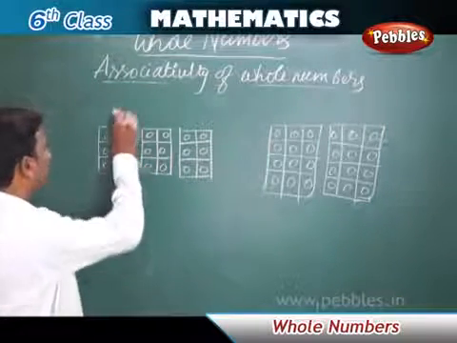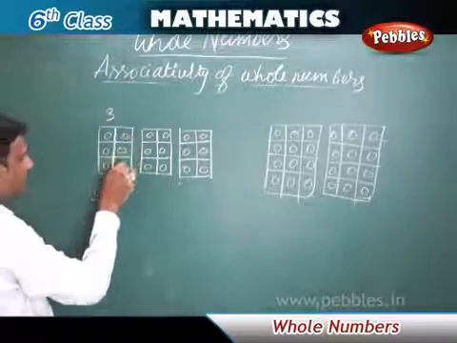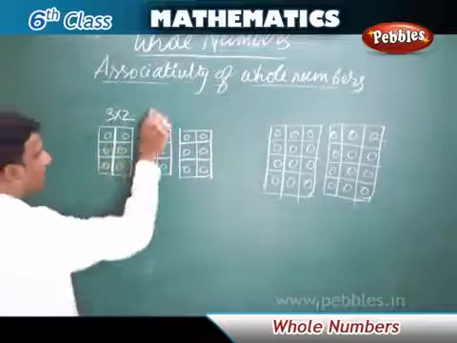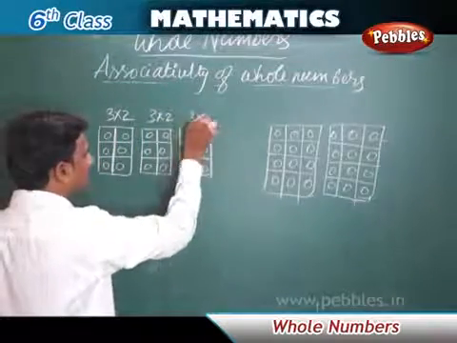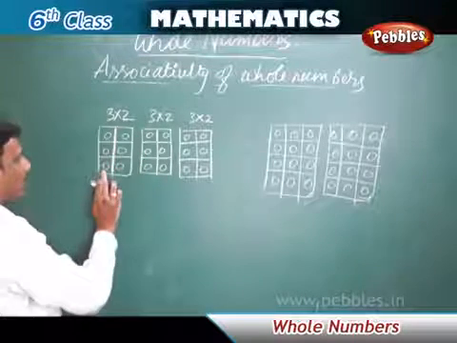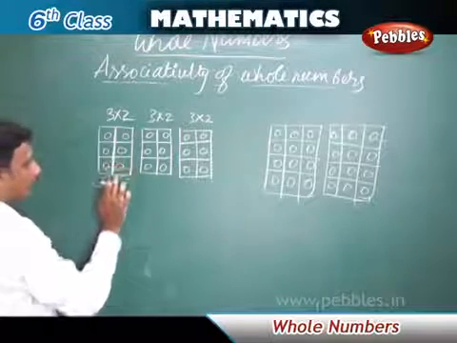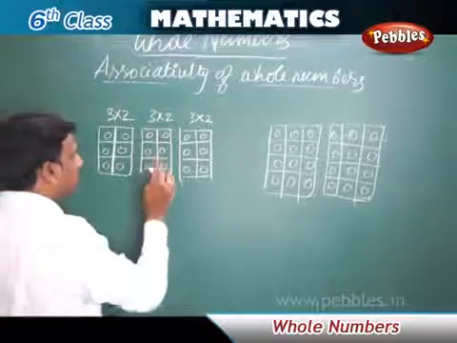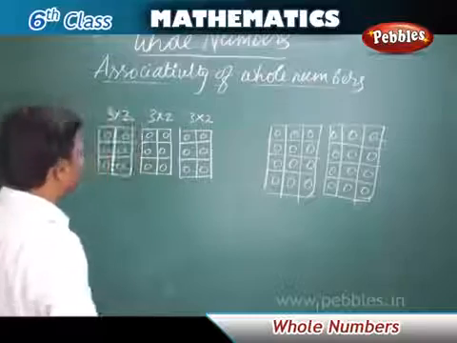So here we have 3 dots in 6 cells. So 3 into 2 columns, and even the pattern is like that. In every box we have 6 coins, 3 in a column. So 2 columns, 3 coins into 2, 3 into 2. So this is the pattern.